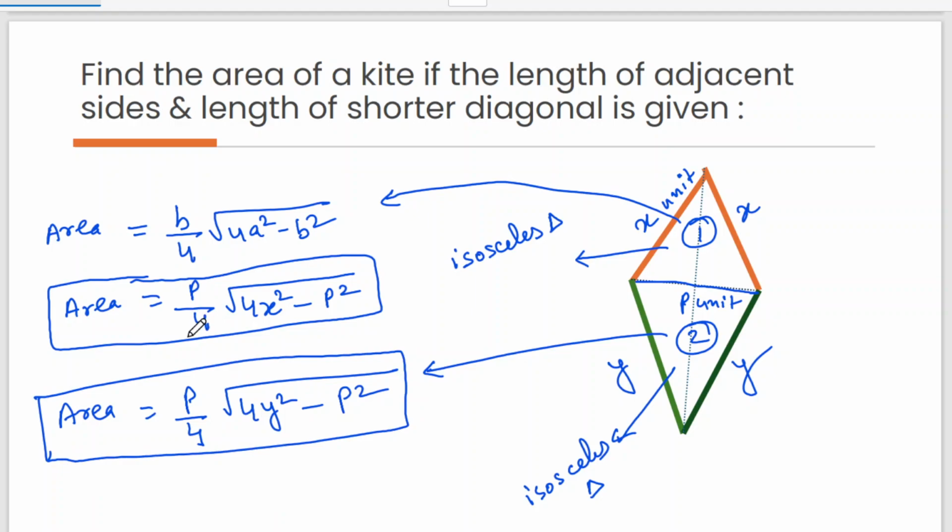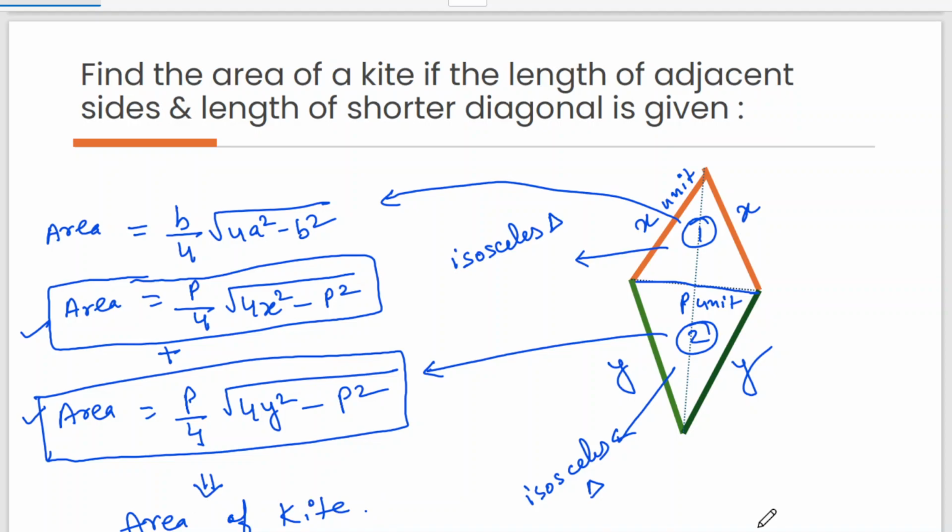When you add this and this together, you will get the area of the kite.